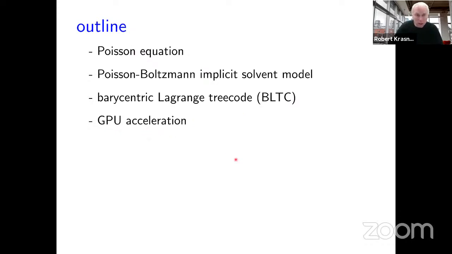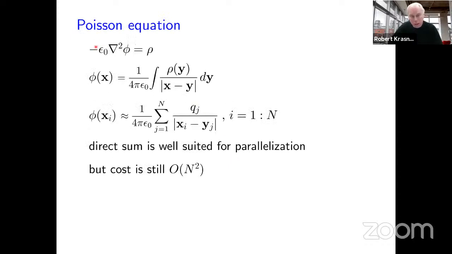And looking at the Poisson equation, we can remind ourselves that if we're given a static charge distribution in free space, then we have an electrostatic potential. And there are many numerical methods, analytic and numerical, to solve for the phi, but here I'm interested in integral equation methods.